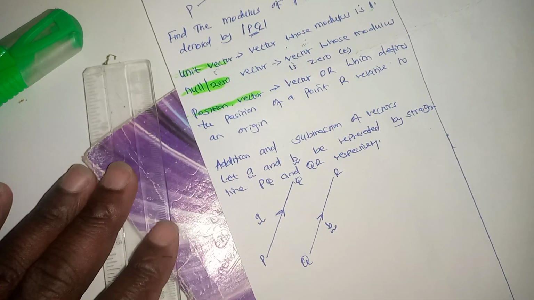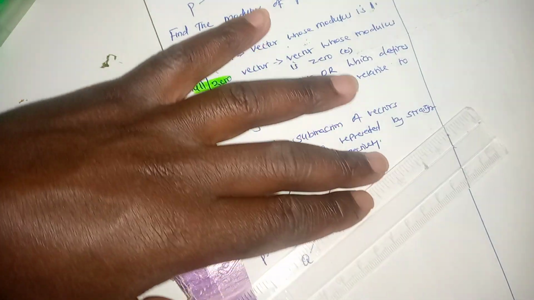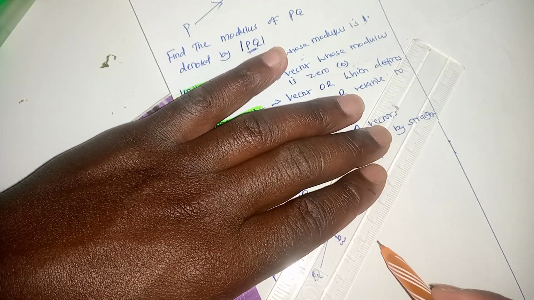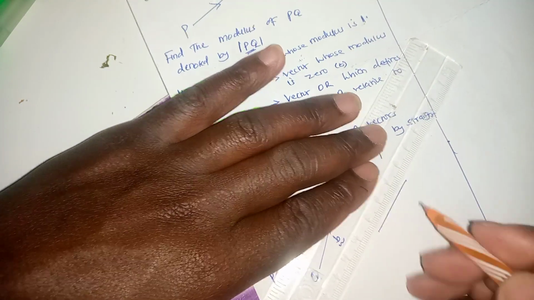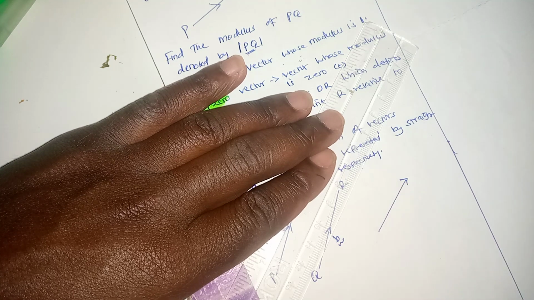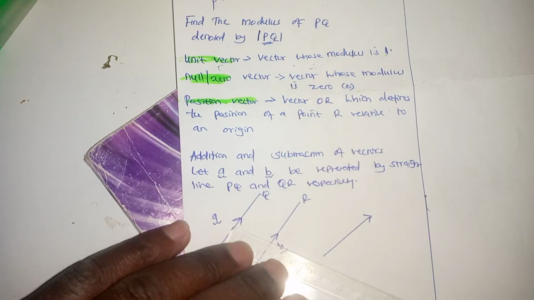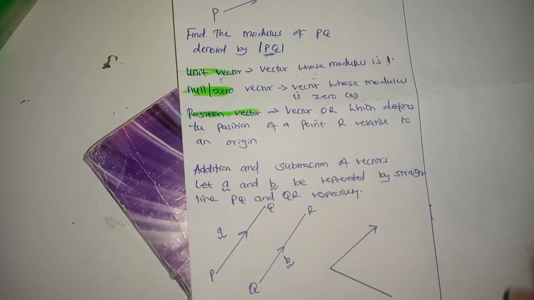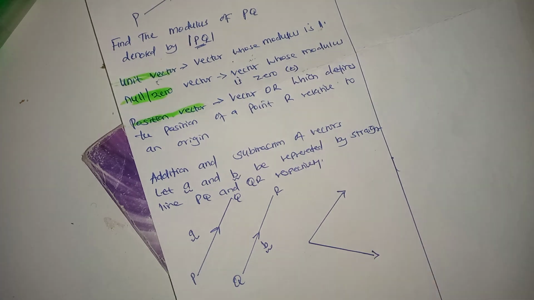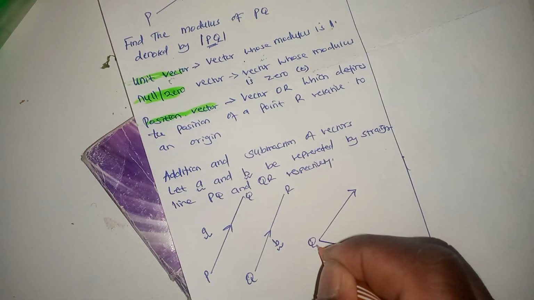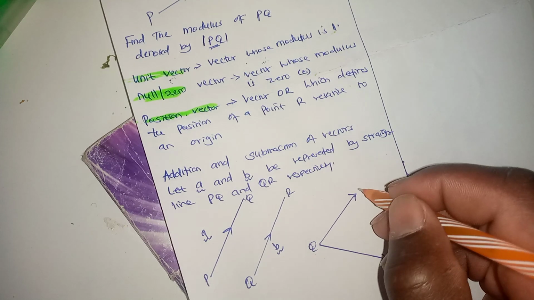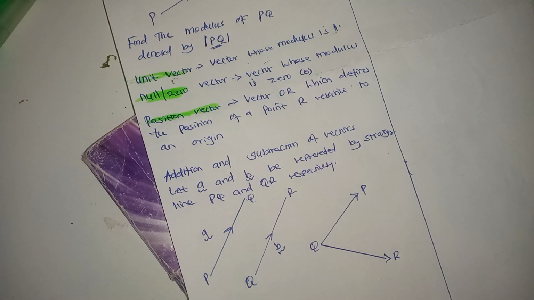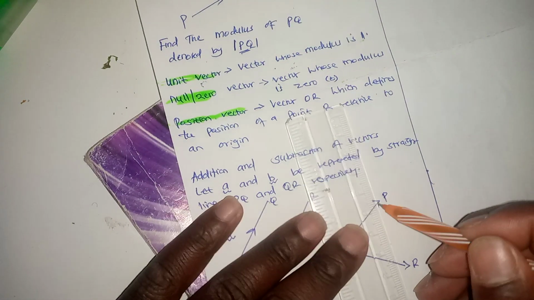Now we can draw it like this. We can draw these together, and this we can call Q. This is P, and this is R. So we want to find the resultant here.